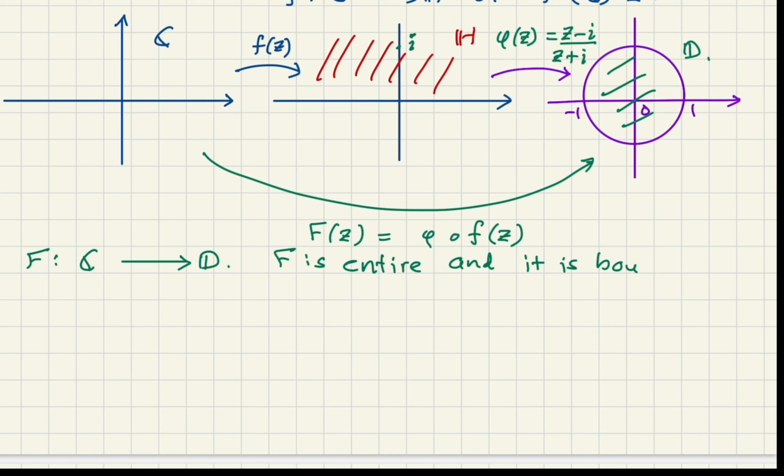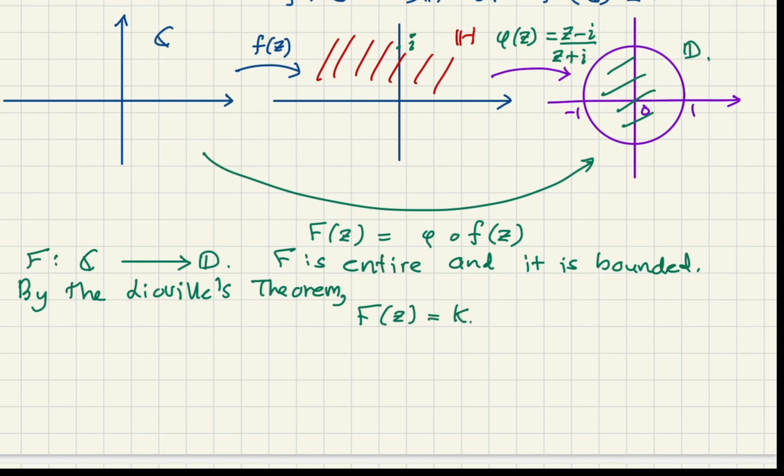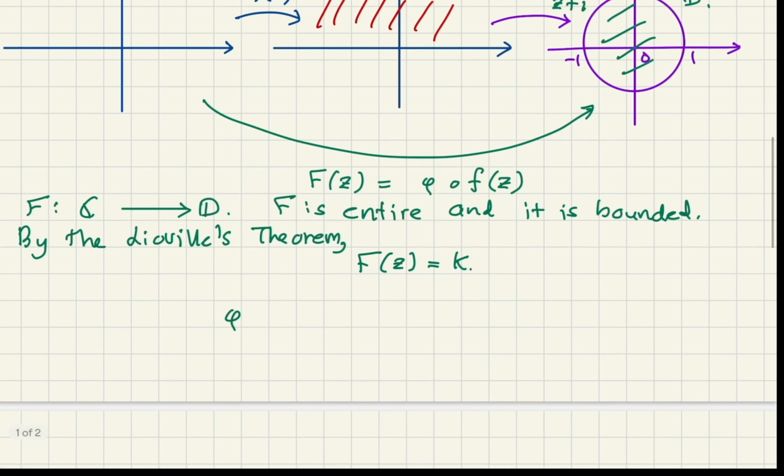So by Liouville's theorem, I can say that F(z) is a constant function. What would be my F(z)? It would be phi composed with f(z) is equal to k.